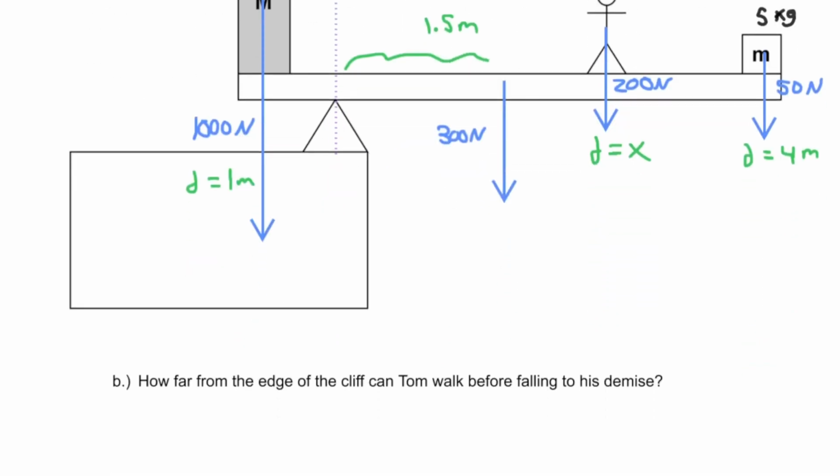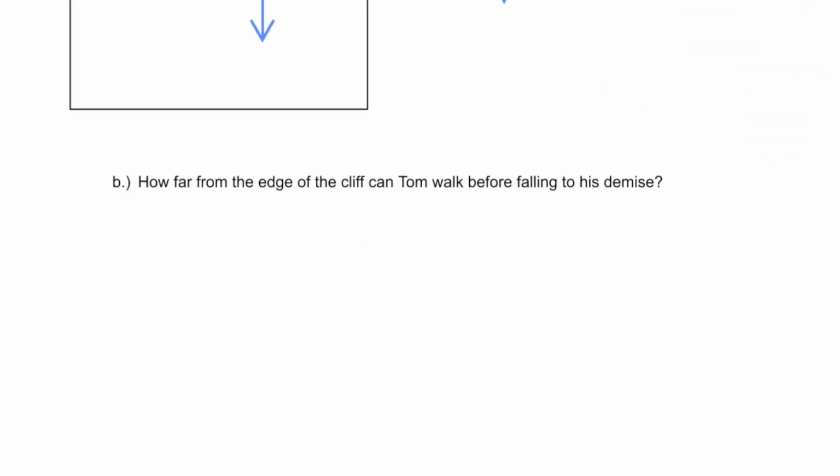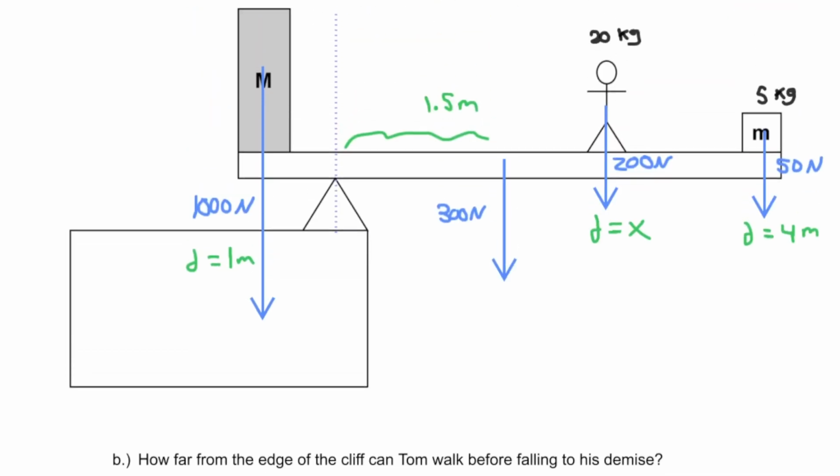Now we're actually ready. So at the moment when Tom finally slips, we're just going to set the counterclockwise torques equal to the clockwise torques about the pivot point. So basically, this is a battle between the counterweight and everything else.